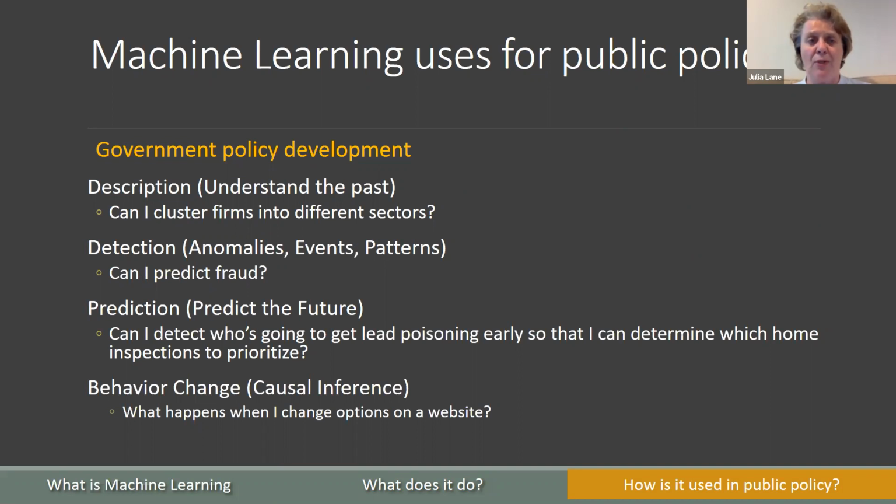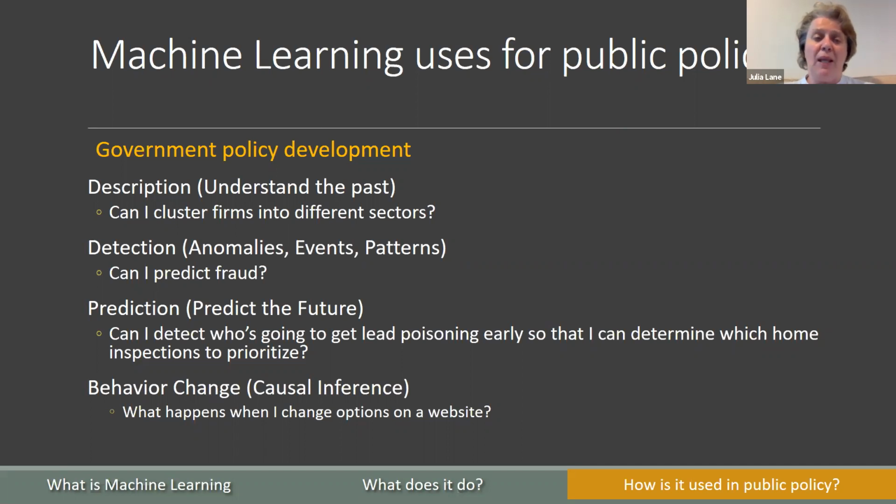So when you think about the machine learning approach, it gets used for public policy in many, many different ways. It gets used to describe the past, figure out, for example, how do I cluster firms into different sectors? How can I use text analysis to cluster like documents into different areas? Can I group people by different characteristics, like market segmenting and so on?